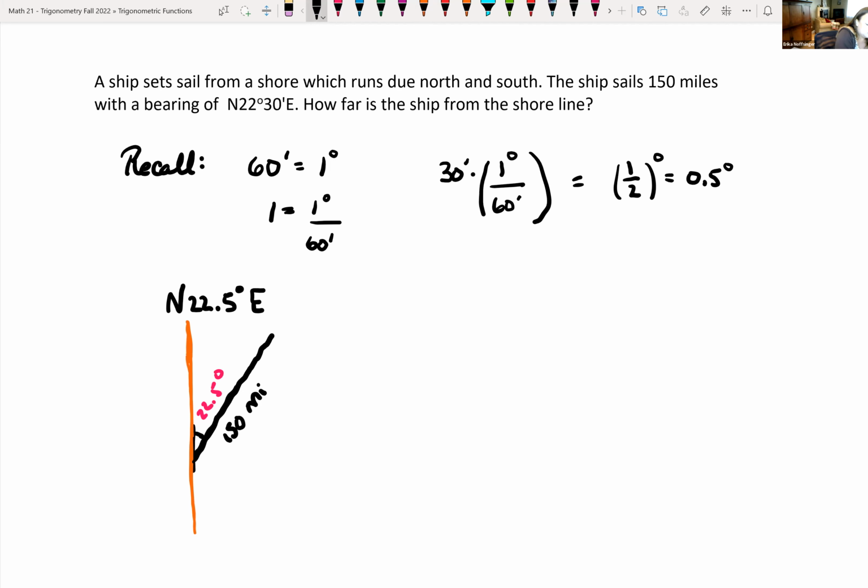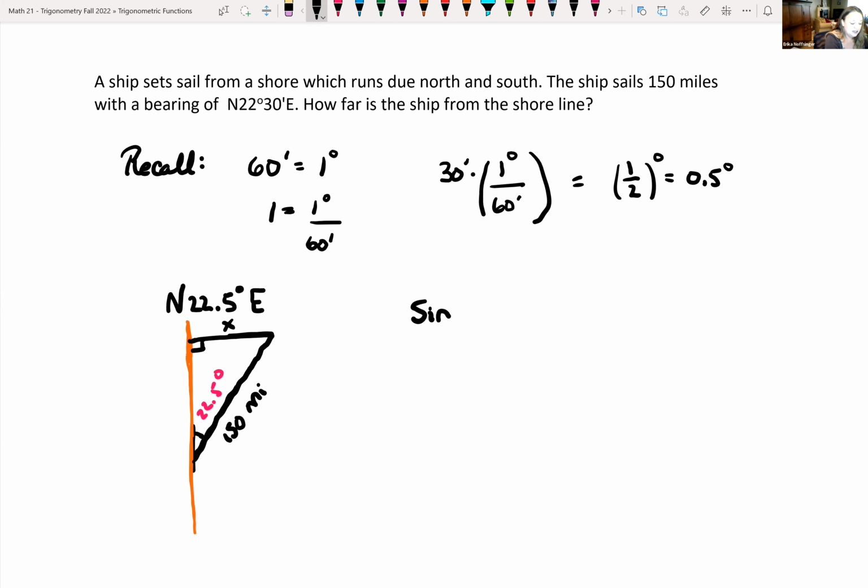So let's draw a line to the shore. And so this is a right triangle. And we're trying to find this distance. Just call it X. And so looking at the angle I know, 22.5 degrees, I want to find the opposite, and I have my hypotenuse. So opposite, hypotenuse, that tells me to use sine.